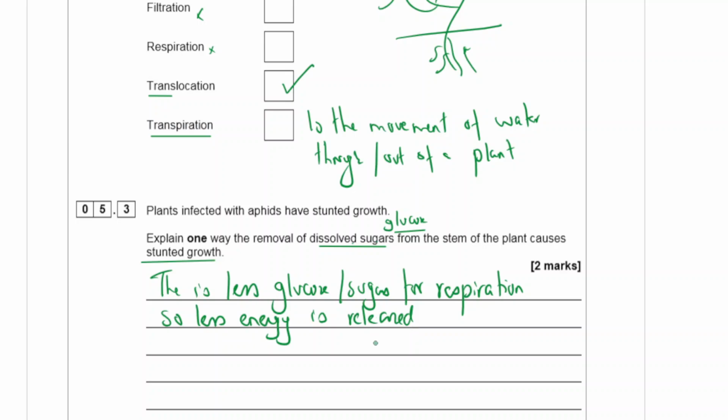That these 2 points would actually give you the mark, right? I'm just going to add a little bit for growth to produce, actually, protein synthesis or cell division, right? All of these processes require energy.